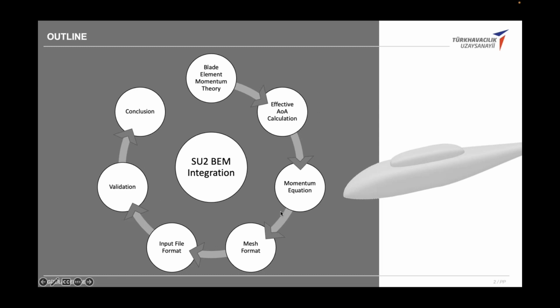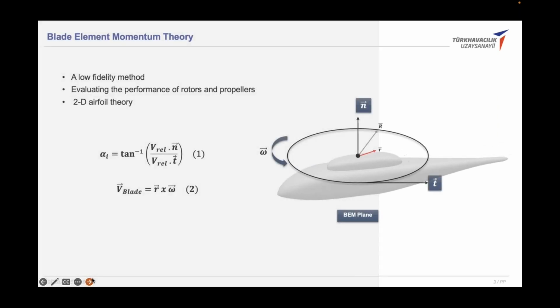Go ahead. Okay. After, in the conclusion, we will talk about what we get from the BEM, blade element method. So, in a rotor CFD analysis, you need a complex mesh structure in each blade with boundary layers.